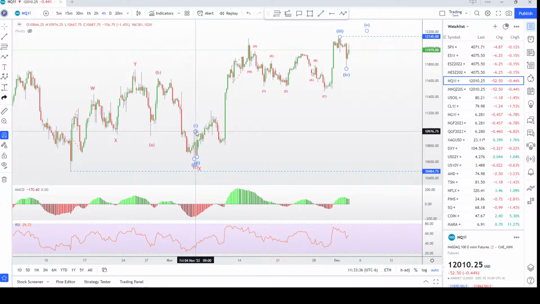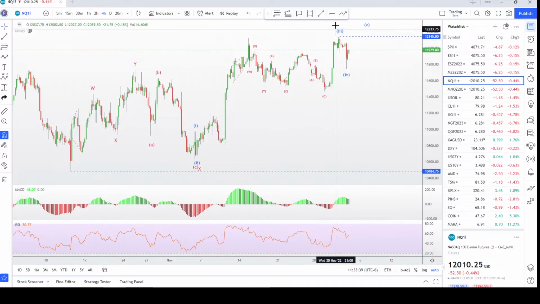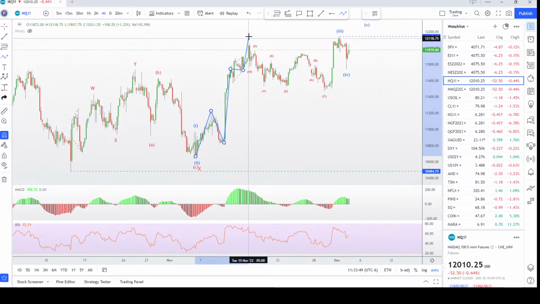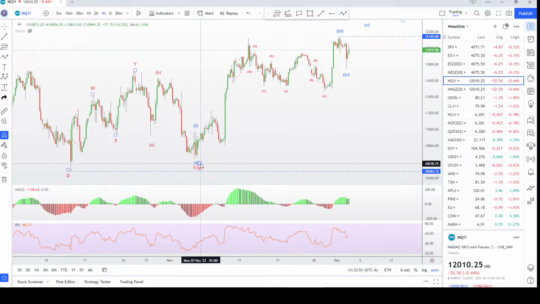I got 1, 2, and then just like in the S&P, this is a leading diagonal. So that's 1, 2, 3, running flat 4, up for 5. So now that's just one wave. Then you had this big correction down for the B, up, just broke that top.